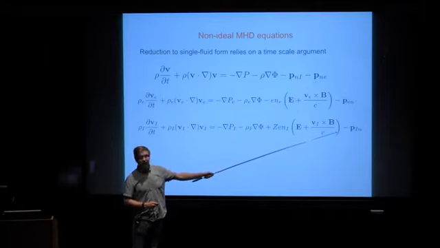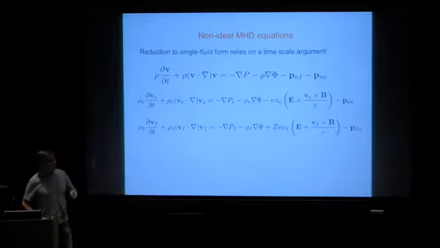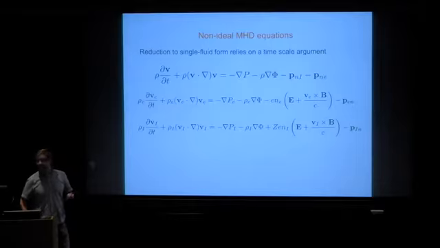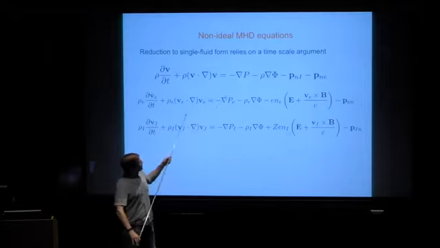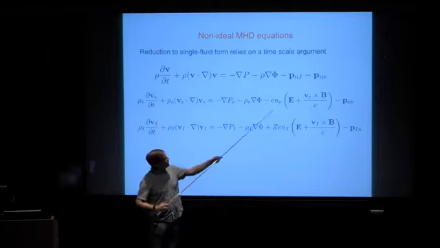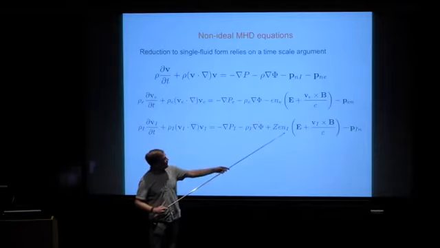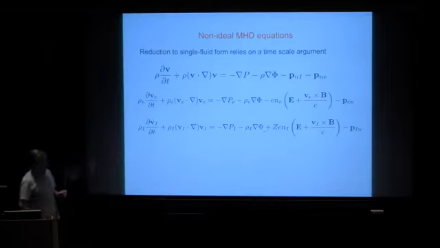We then have the other terms in the electron and ion equations, and we assume we're dealing with weak ionization, so we don't worry about collisions between the ions and the electrons. For the neutrals, we just have these momentum terms, but for the charged species we also have electromagnetic terms, the same sorts of things we had before. Ne is the number density of electrons, Ni is the number density of ions, and Z is the charge on the ions.